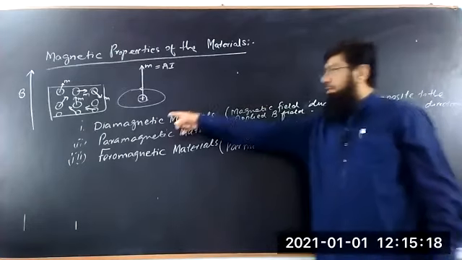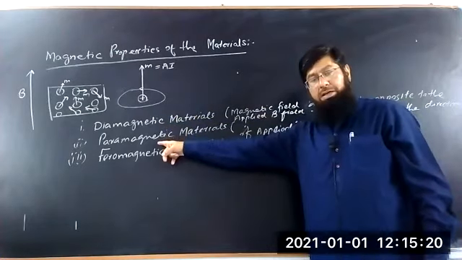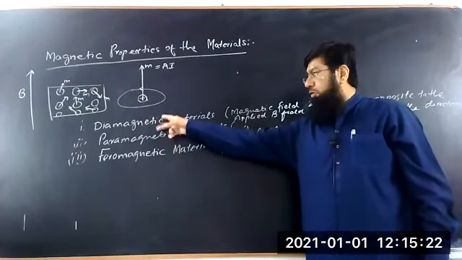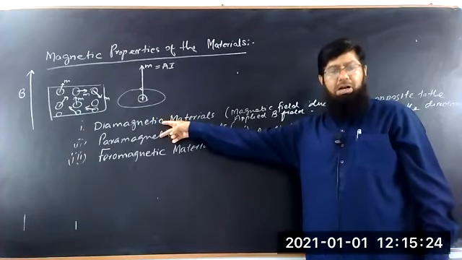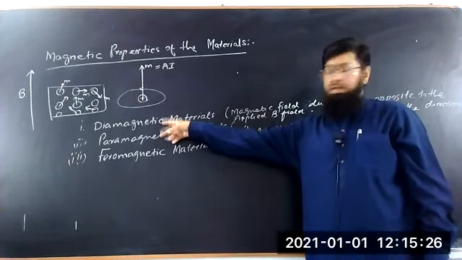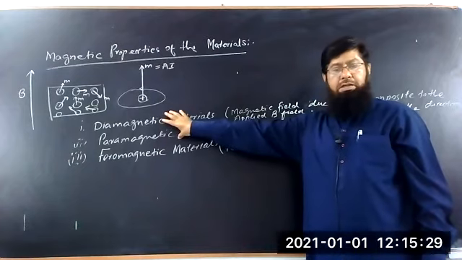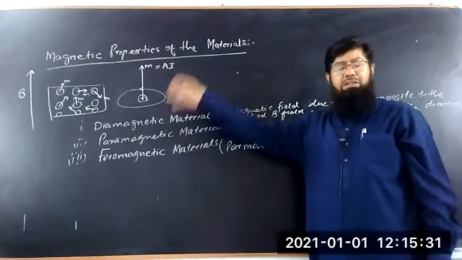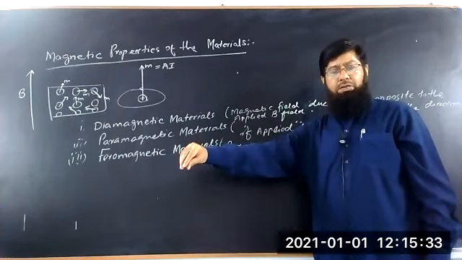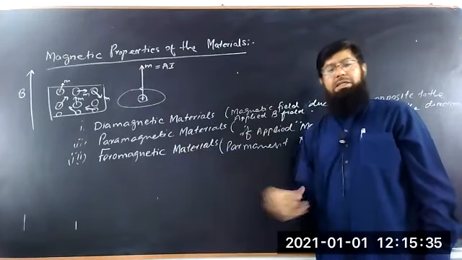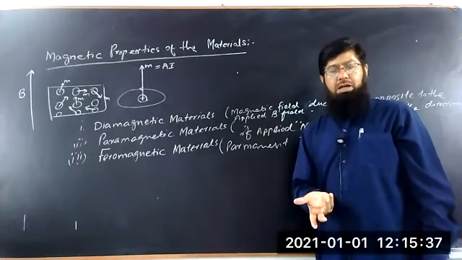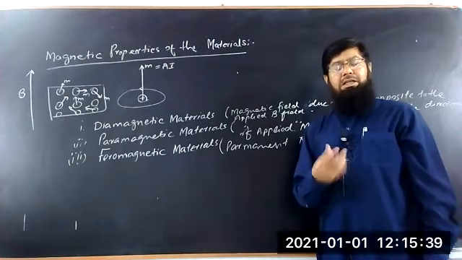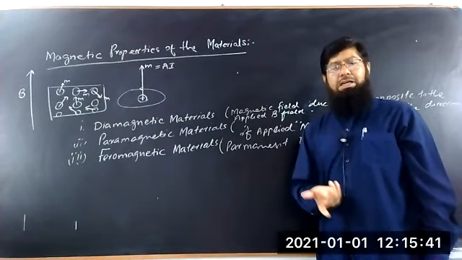So diamagnetic and paramagnetic materials are not permanent magnetic materials. They have magnetic properties when the material is placed in an external magnetic field, and as a result the material gets magnetized, or magnetically polarized.